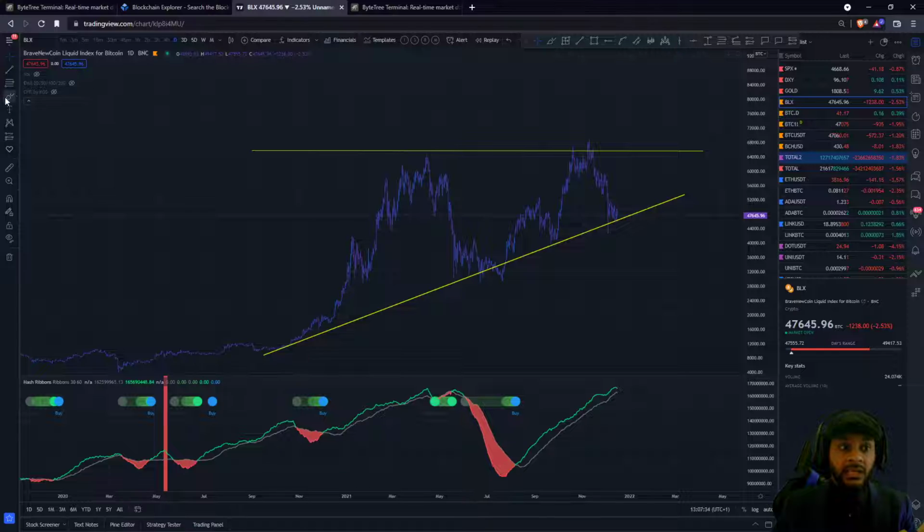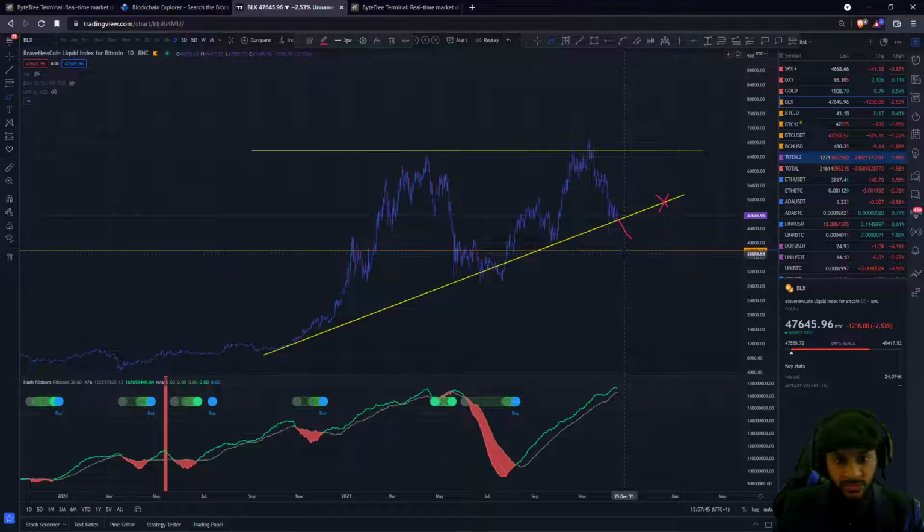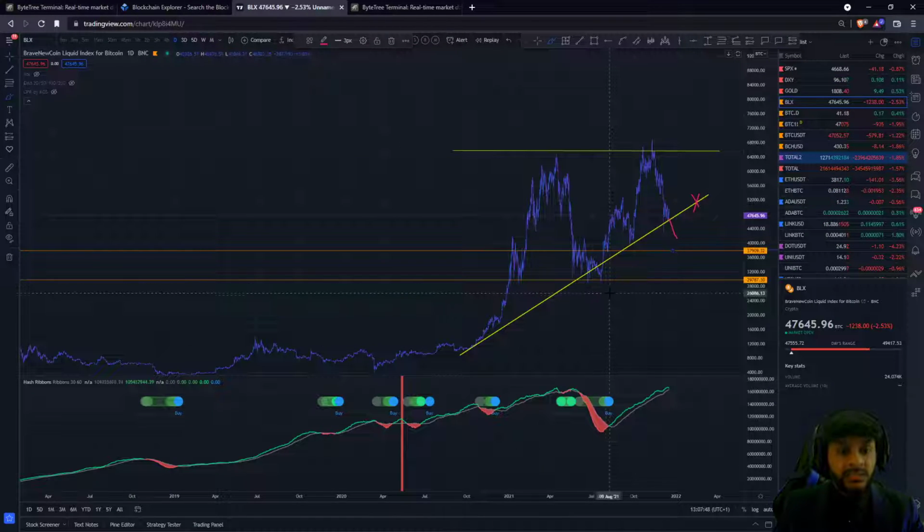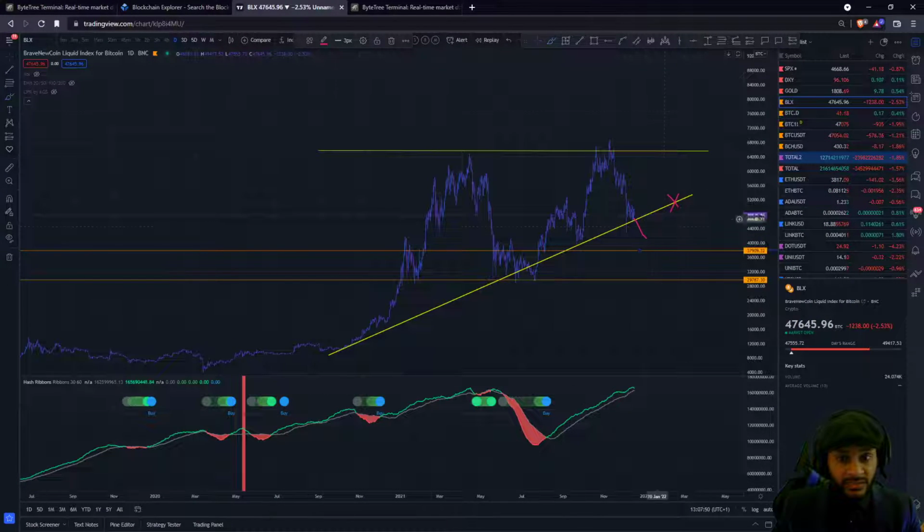If Bitcoin breaks this trend, this yellow line is not our friend anymore, so we have to look for another support line, which is over here, and then this one. This is how the market works. If the trend line tends to be broken, the market becomes very volatile.